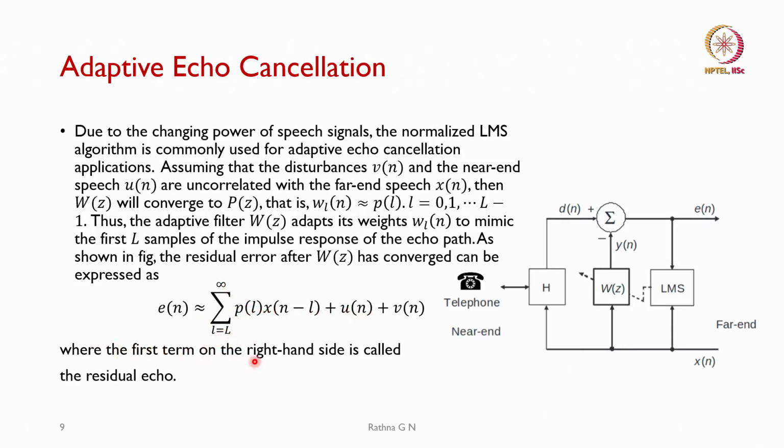The first term on the right hand side is called the residual echo, and then there is the near end signal and the noise that will be there at the far end.